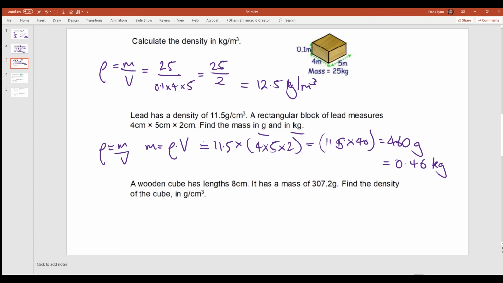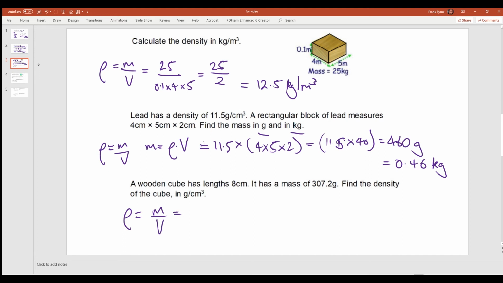A wooden cube has length 8 centimeters and a mass of 307.2 grams. Find the density of the cube in grams per centimeter cubed. Density equals mass over volume.